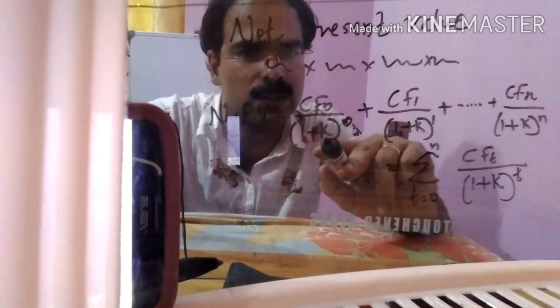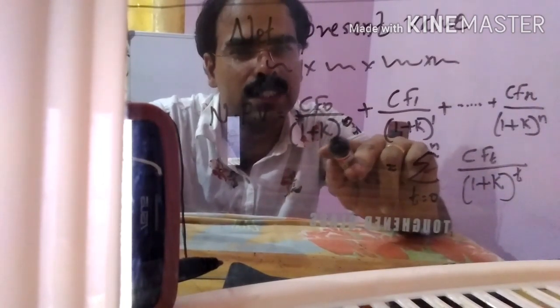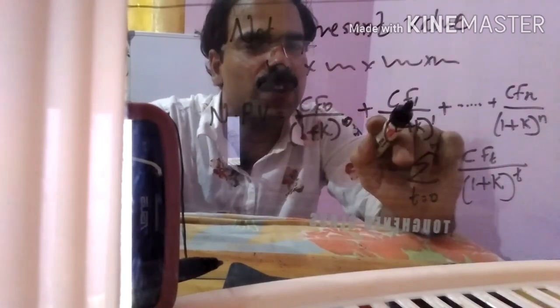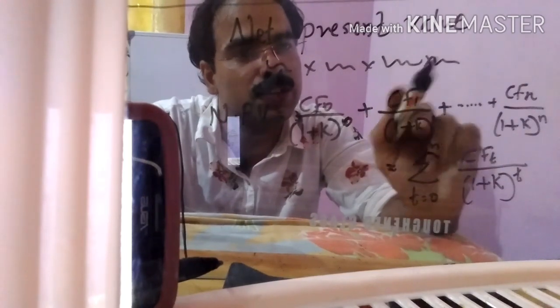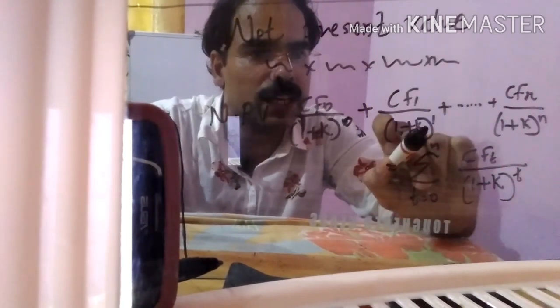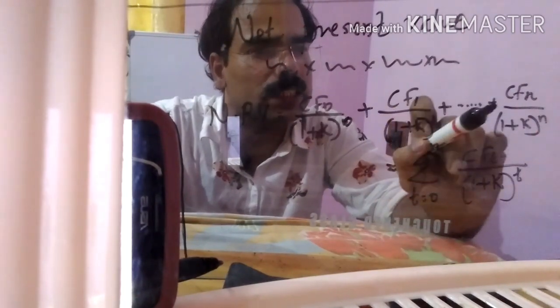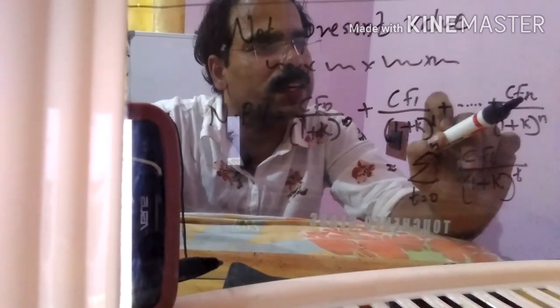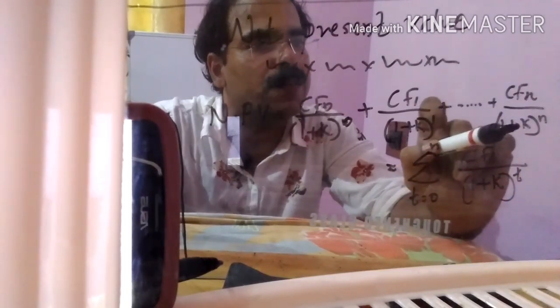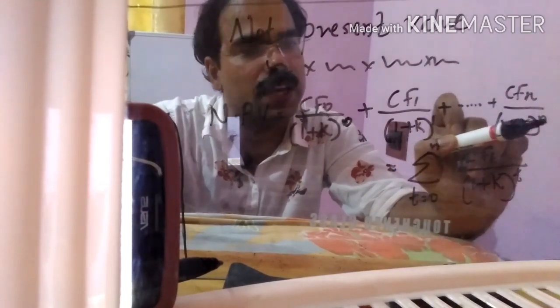K means interest rate only. So starting time itself, that is related to the initial investment. After 1 year there will be CF1, that means cash flow related to 1 year. CF1 divided by 1 plus k raised to 1 plus etc., up to the cash flow related to nth year divided by 1 plus k raised to n.